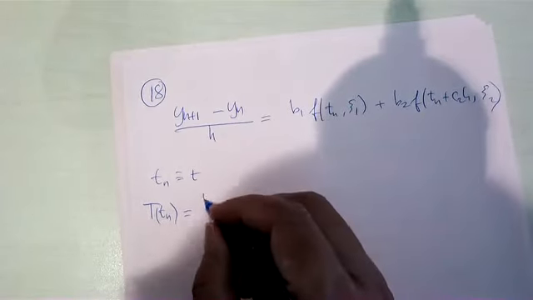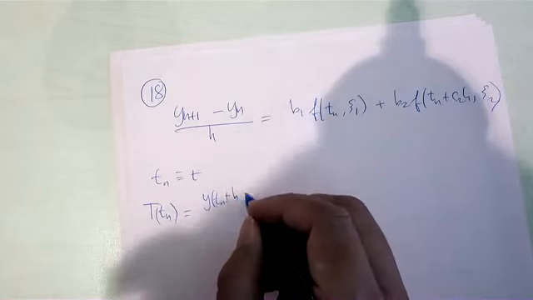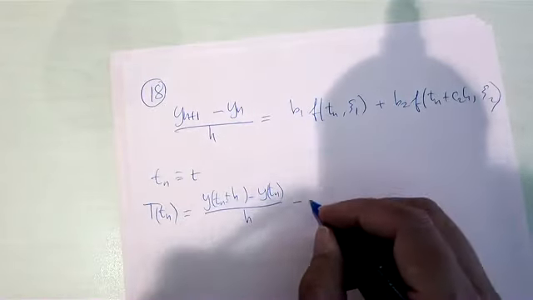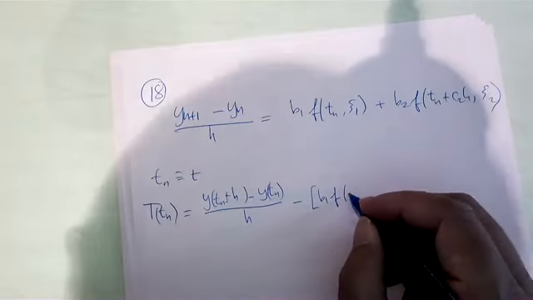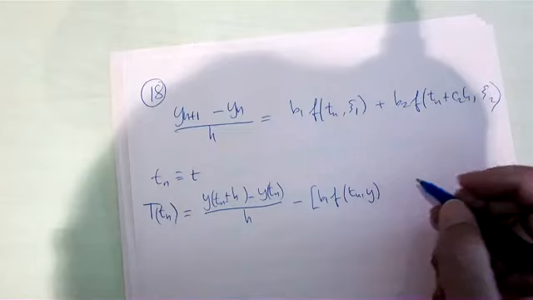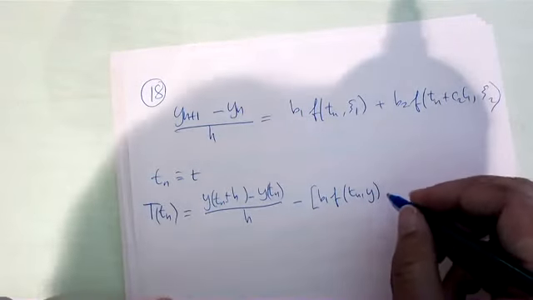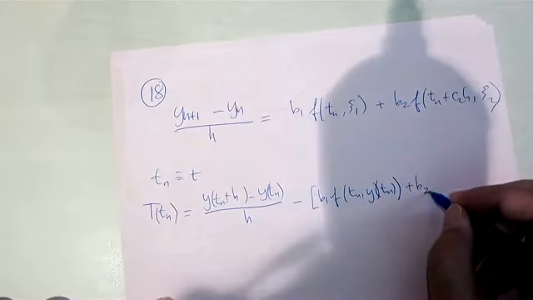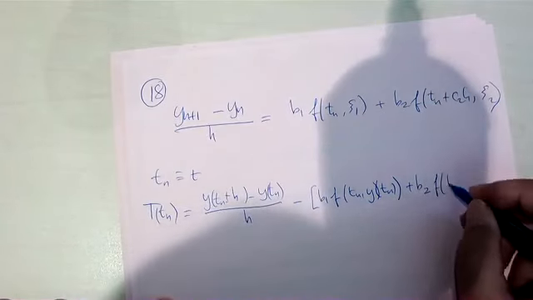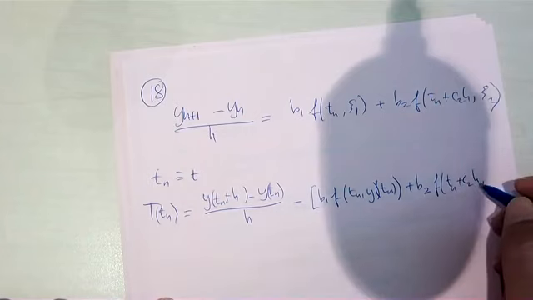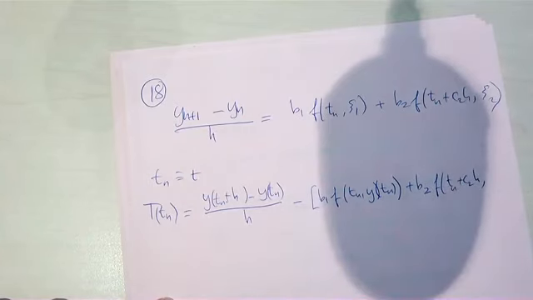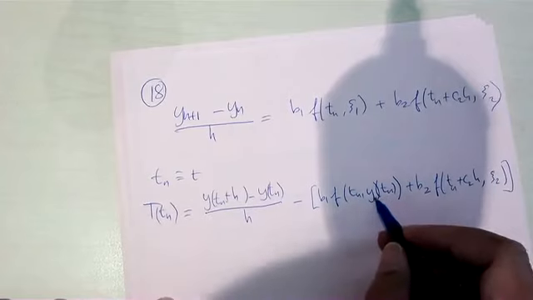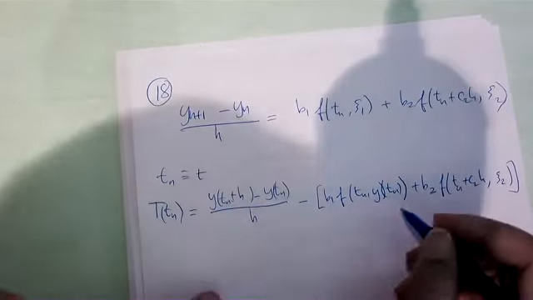I have (y(t_n plus h) minus y(t_n)) over h, minus b1 f(t_n, y(t_n)), then plus b2 f(t_n plus c2 h, xi2). Actually, this one is nothing but xi1, because xi1 is y_n.